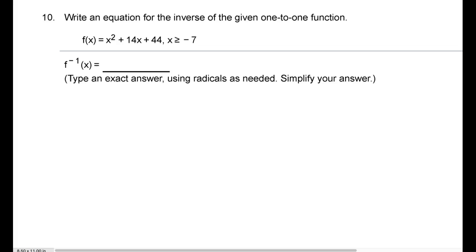Okay, and so for our last question, we're asked to look at this quadratic function with this restricted domain and to figure out what the inverse function will be for that. Now, for this question, we're going to have to rewrite our quadratic function in another way in order for us to be able to get it into a form that's conducive to us to find the inverse easily.